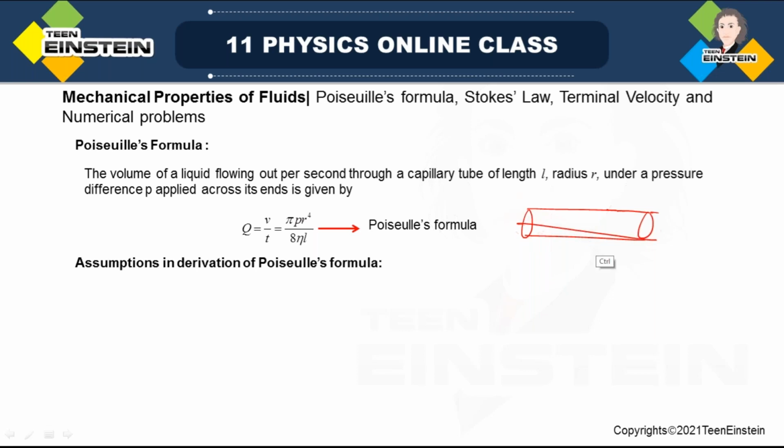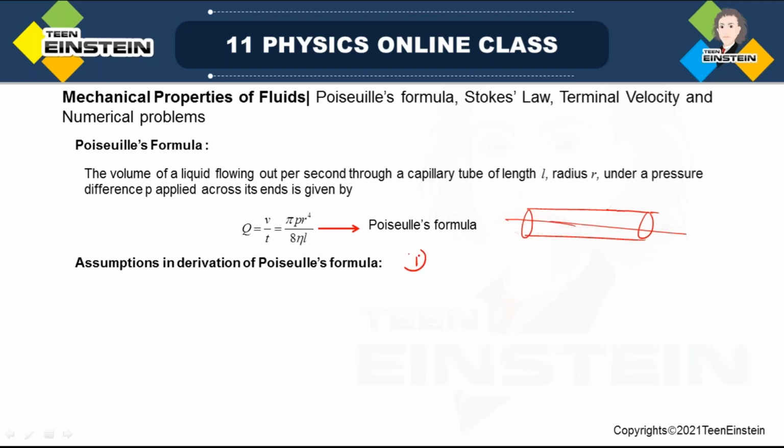That means there will be no vortex or random flow. There will be steady flow. That means per unit time, the flow out of the liquid or the fluid will be the same always. So that is actually steady flow.